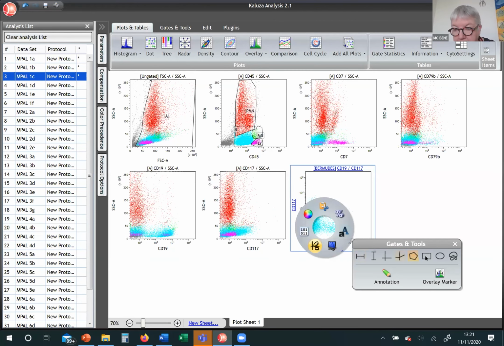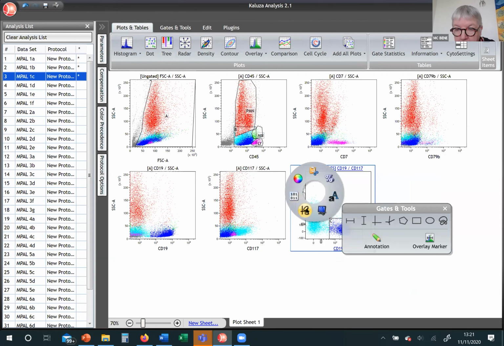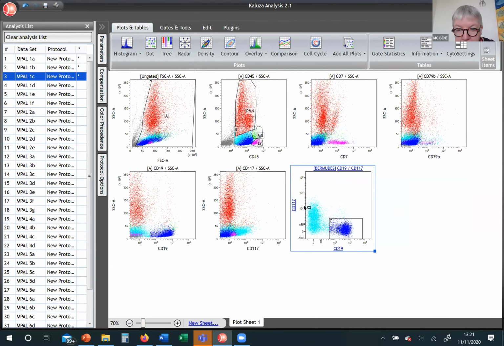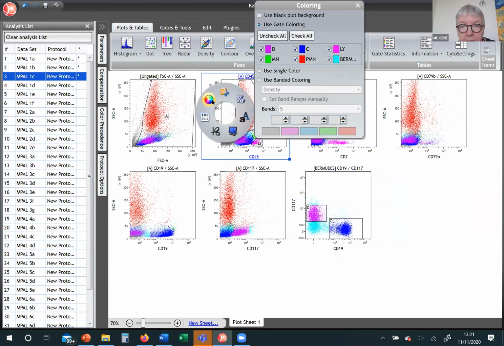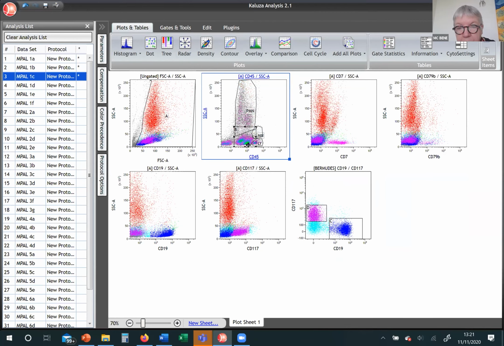So this is a typical case of biclonal, two different clones coexisting. And if I make new colors for these two populations, I will find out that this, in fact, mimics what I saw when I did the density plot. These are the two populations which are really showing that we are in a biclonal population.